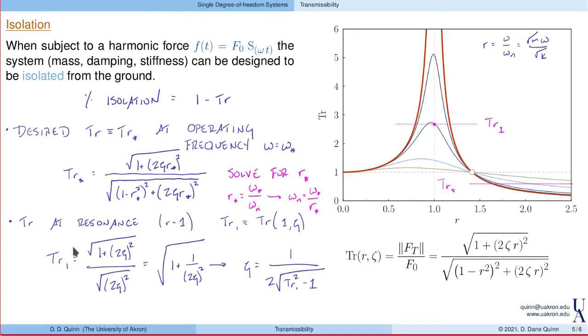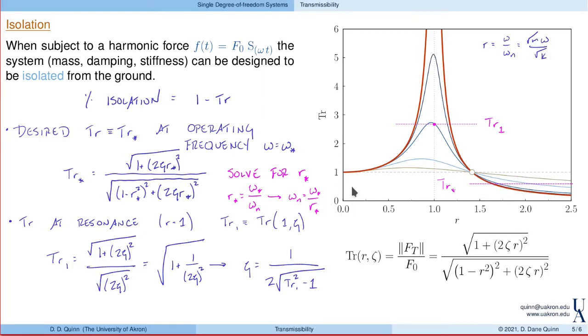From a design perspective, why might we be interested in this quantity? Well, let's say we have a design goal. So we're operating our mechanical system at some frequency. You could think about a machine with a rotating component at some angular speed, which gives us our forcing frequency. Well, when we turn this machine on, it doesn't immediately rotate at our desired speed.